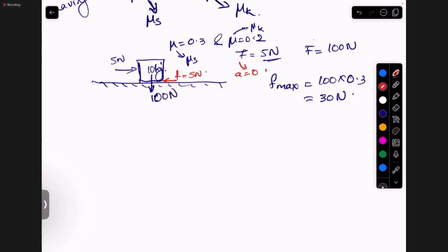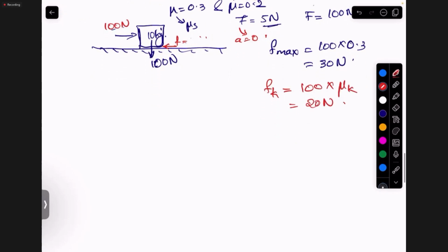So for the second case, what will happen? I am applying 100 Newton, and the maximum frictional force is 30 Newton. But you know that the block will now move because 30 Newton is already exceeded. So the block will move, which means Fk equals 100 times mu k, that is equal to 20 Newton.